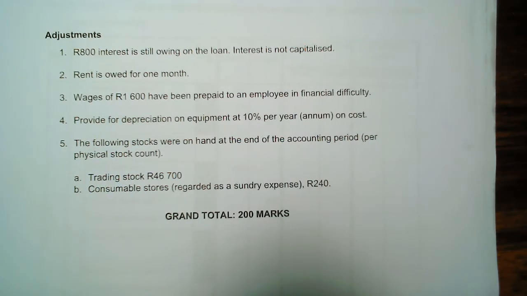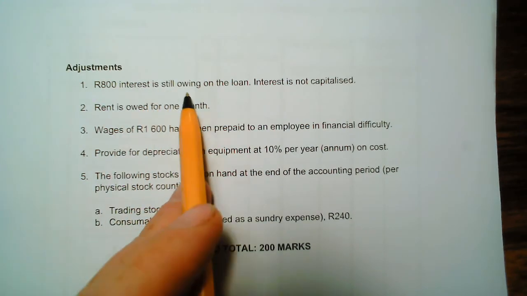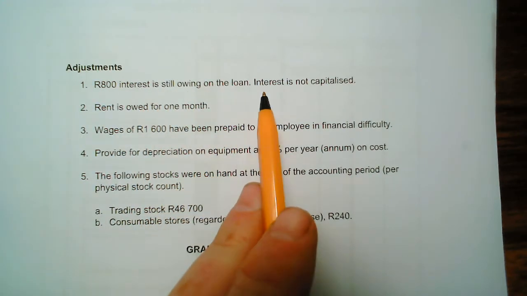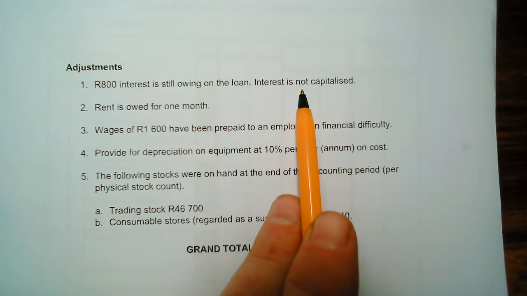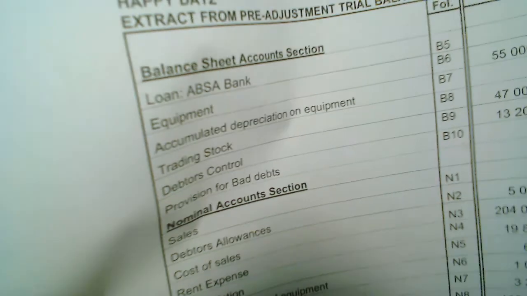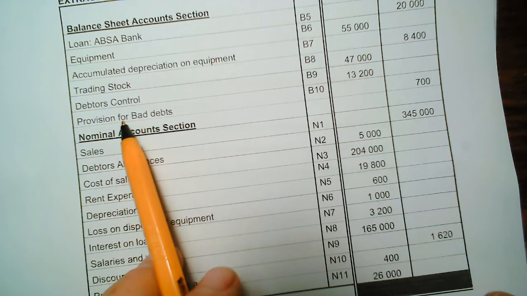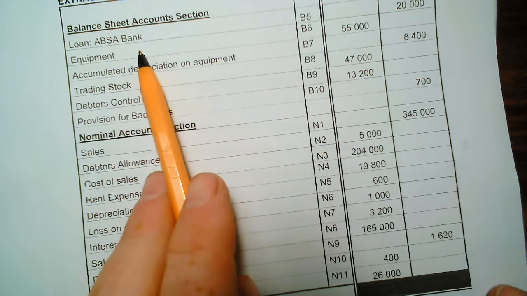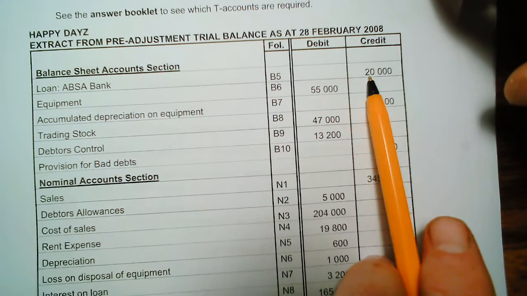Okay, so the first adjustment. 800 Rand interest is still owing on the loan. Interest is not capitalized. Which loan is that? Let's have a look and see which loans we've got over here. You will see that the loan is of 20,000 Rand for Absa.